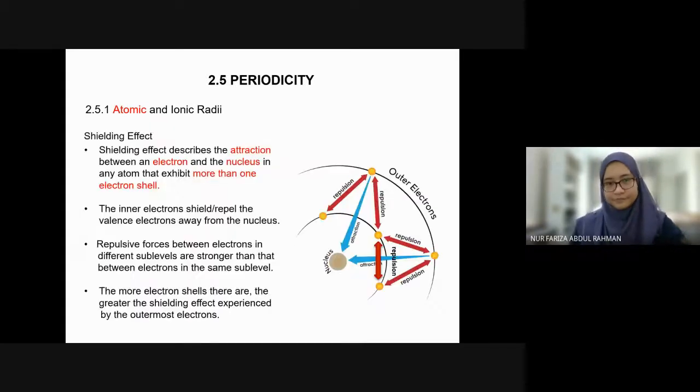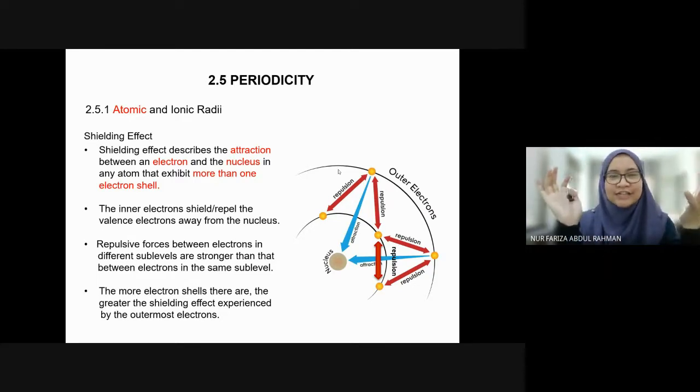Okay, alright. So that is one of the factors, that is Z effective, the attraction between the nucleus and the valence electrons. It's all about the attraction between nucleus and valence electrons.